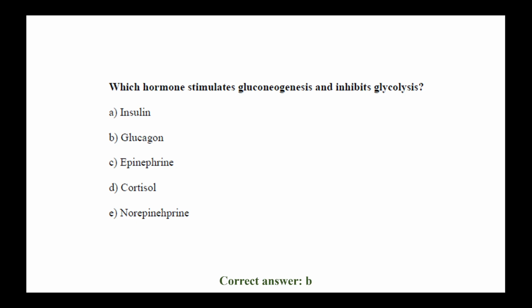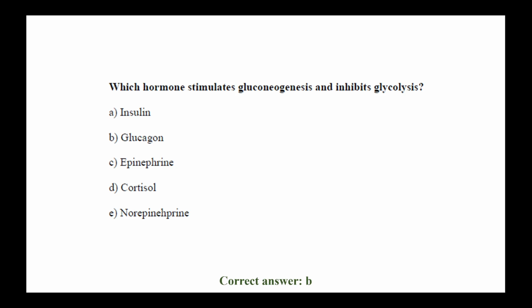When our body has a sufficient amount of glucose, insulin will be secreted from the pancreas and will trigger glucose transport and the glycolytic pathway. Whereas when our body has glucose deficiency and requires more glucose or more energy, glucagon would be the hormone that will be secreted, and it will trigger the gluconeogenic pathway and inhibit glycolysis.